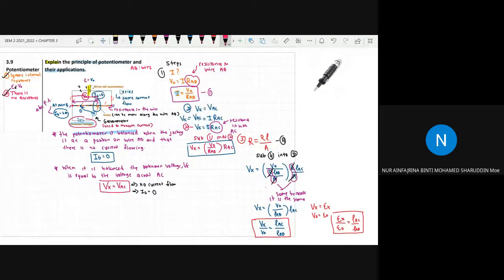So dia cakap macam driver cell accumulator. Faham tak Nabil? Okey, baiklah.